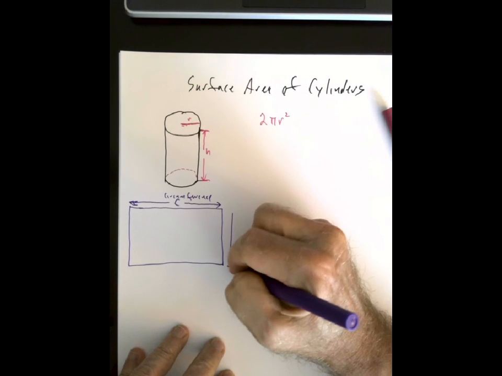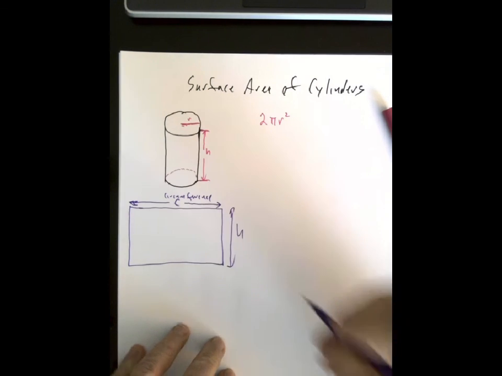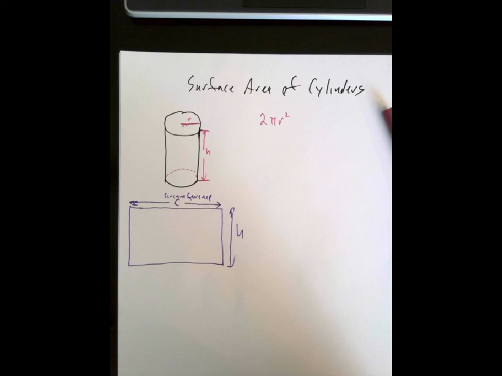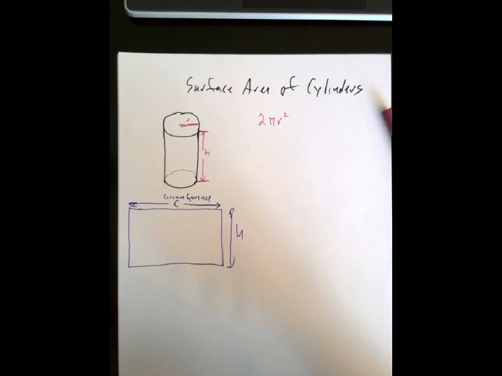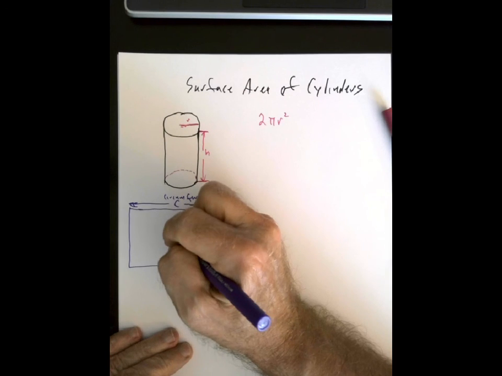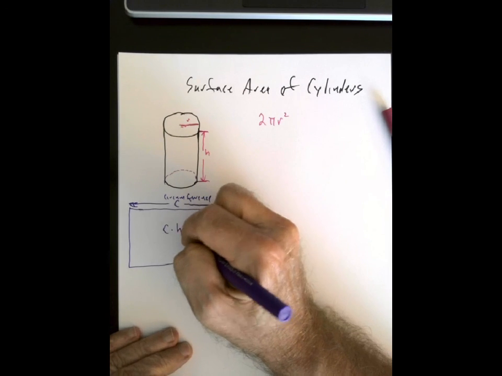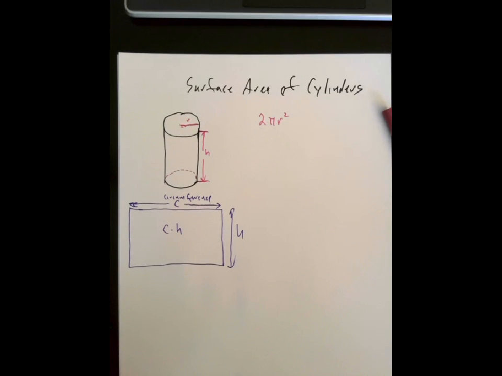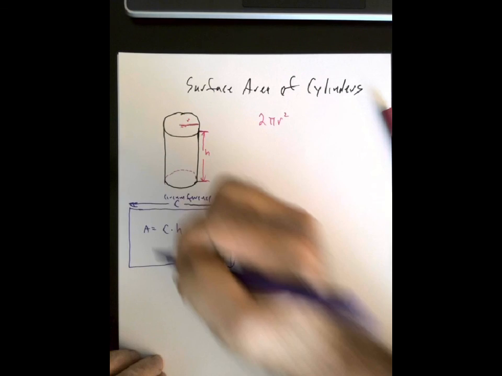And this is the height of the can. So that means that we're going to multiply the length times the width, so it's the circumference of the can, or the cylinder I mean, times the height. It's what gives us the area of the side there.